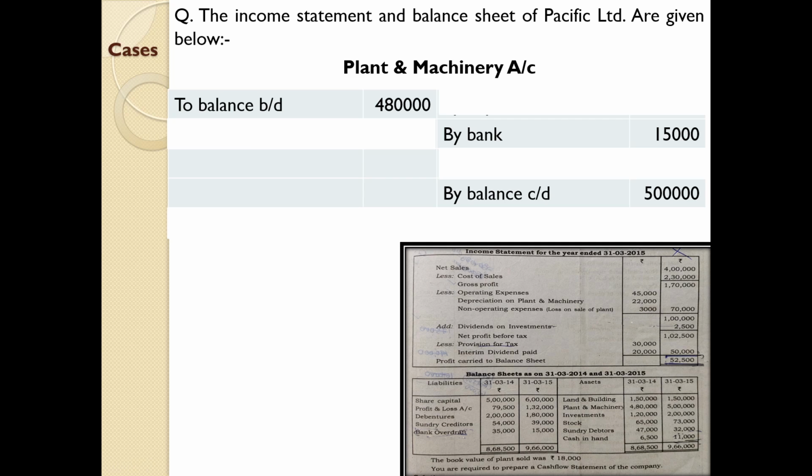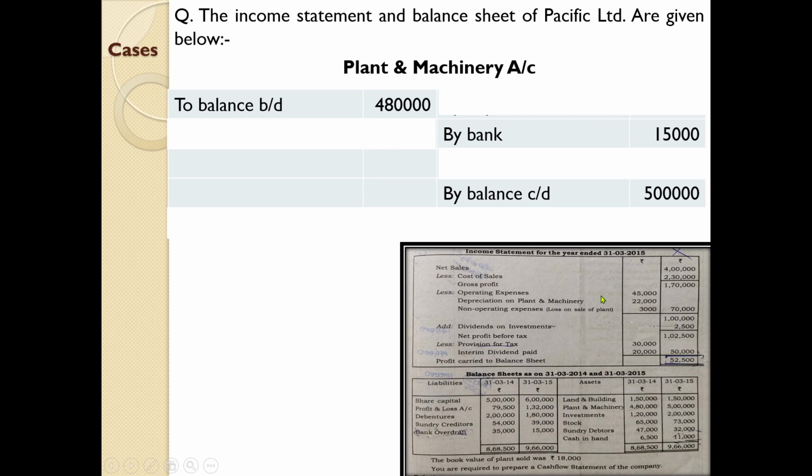The book value of the plant was rupees 18,000, and at the same time it is said that 3,000 was generated as loss from the sale of that particular plant.